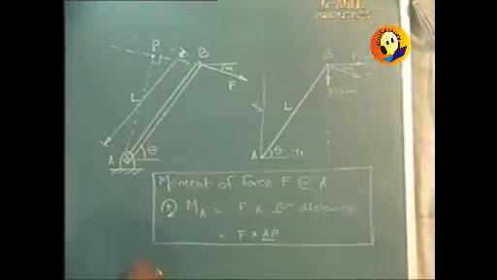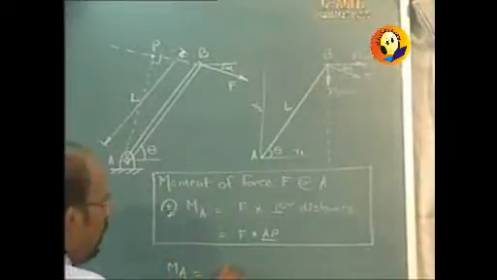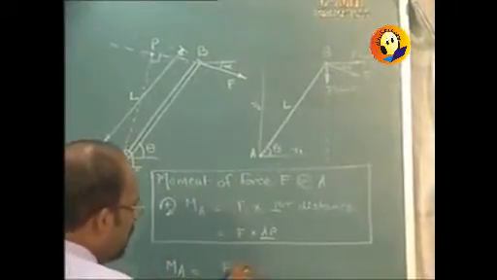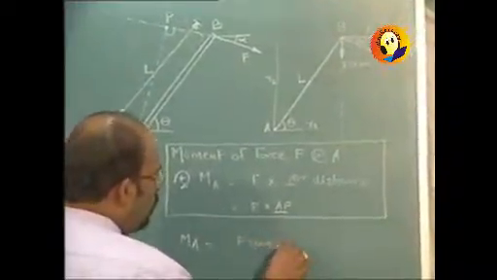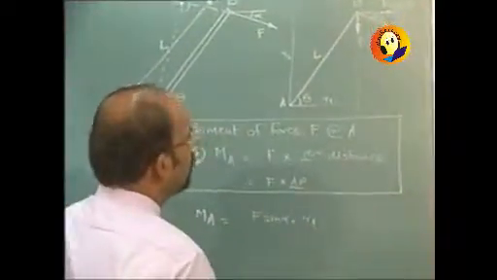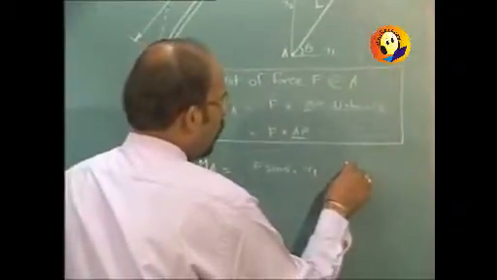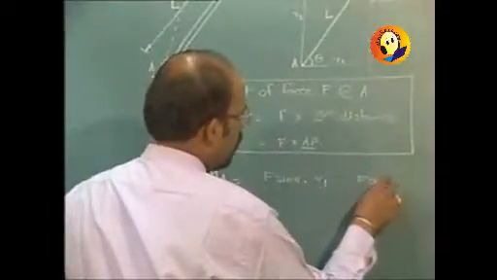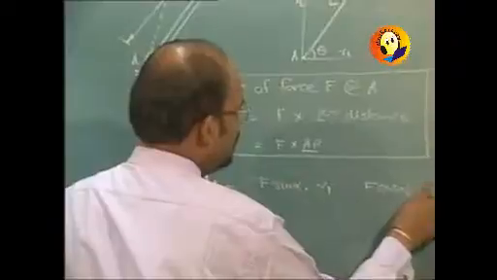And so moment about A will be vertical force F sin alpha into horizontal distance R1, and the horizontal force F cos alpha into the vertical distance R2.